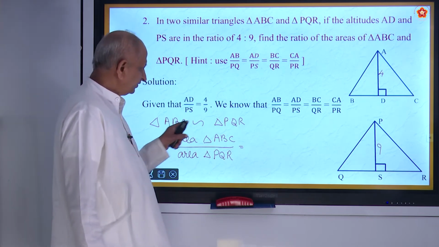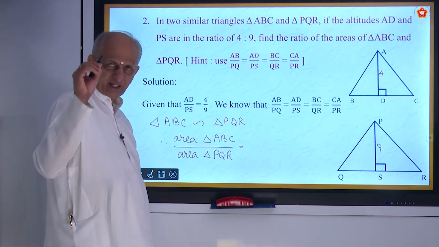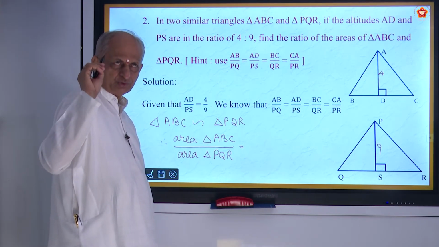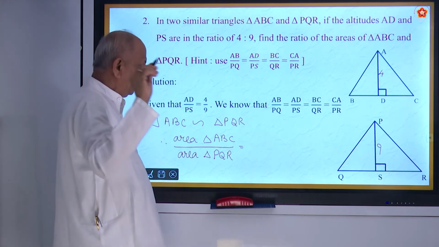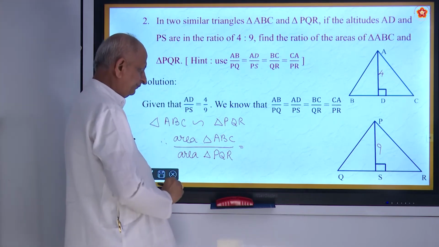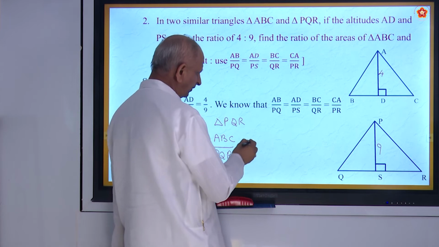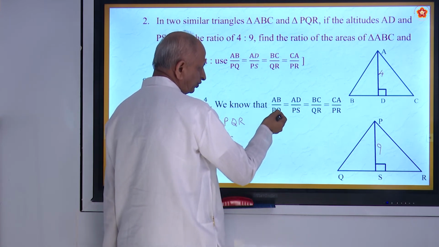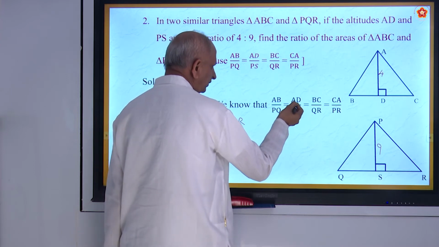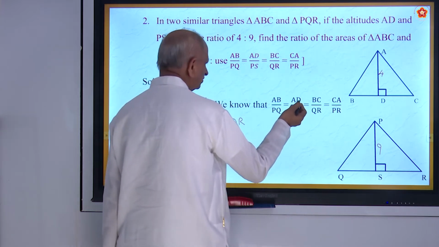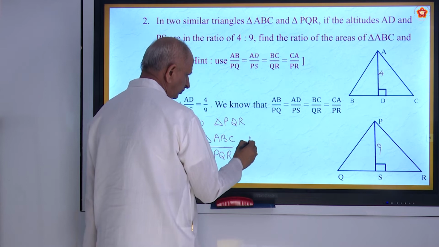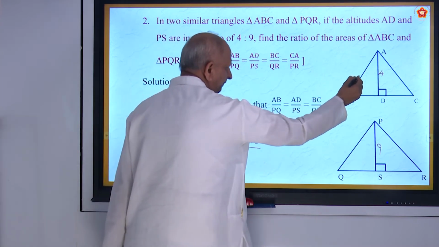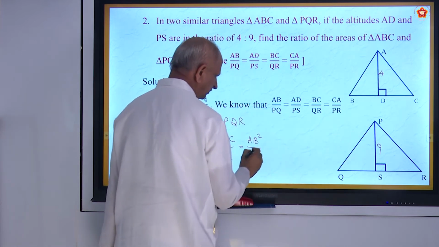If the two triangles are similar, then the areas are proportional to the squares of the corresponding sides. So squares of corresponding sides means what? AB square by PQ square is equal to AD square. So AB square by, see, AB and PQ are corresponding sides.